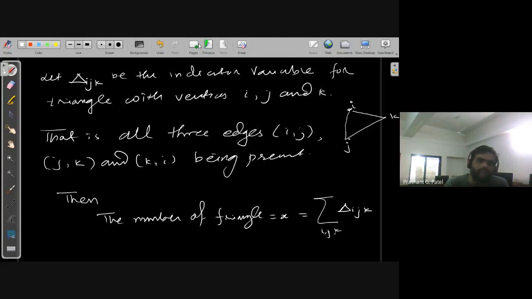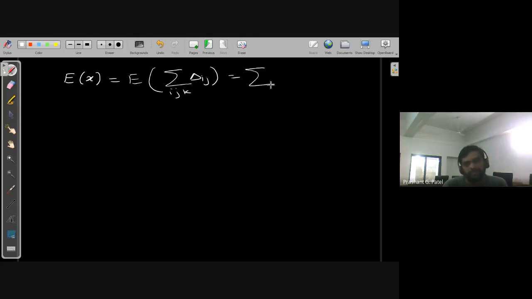That means E of x, which is our objective, is equal to the expectation of this summation of delta ijk, and that is the sum of the expectations of delta ijk.